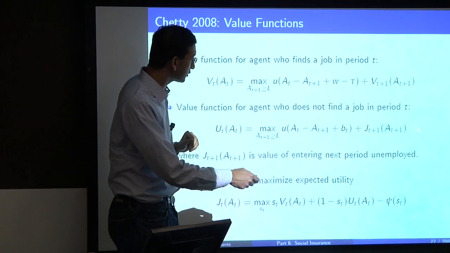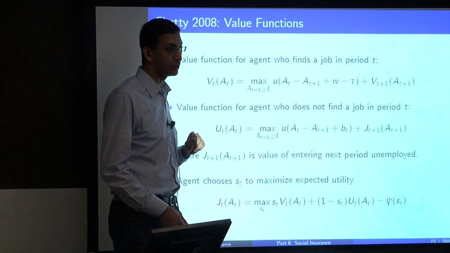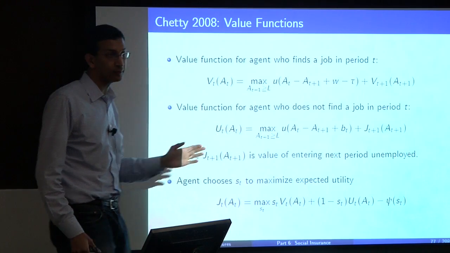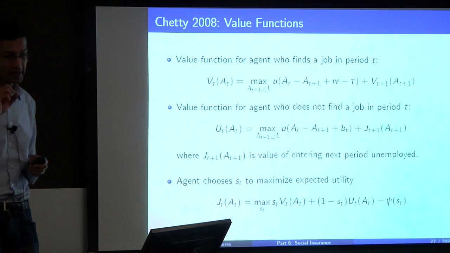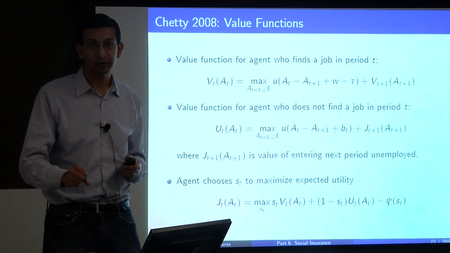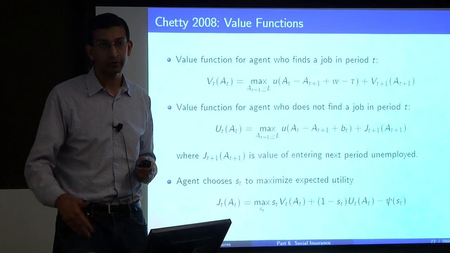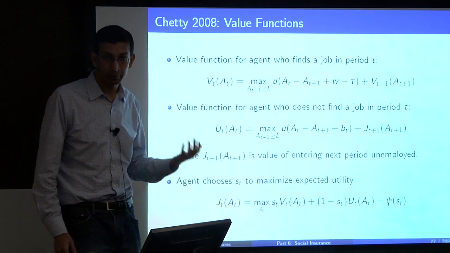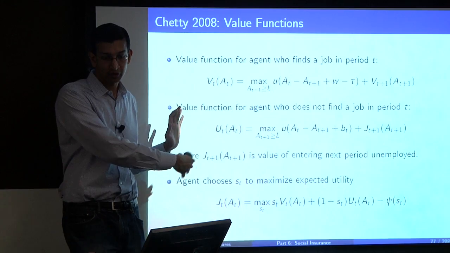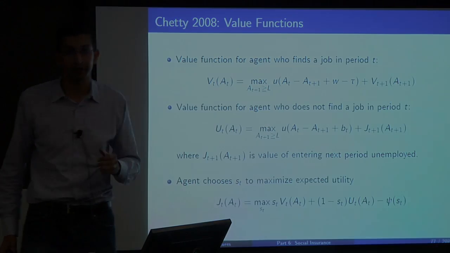And then you have another continuation utility term, which I'm going to call J. J_{t+1} denotes the value of entering the next period without a job, the expected value of entering the next period while unemployed. Okay, and again, that's going to be a function of your assets in period t plus 1.